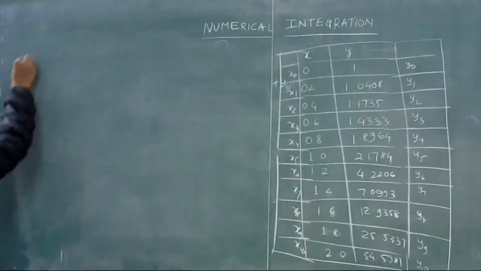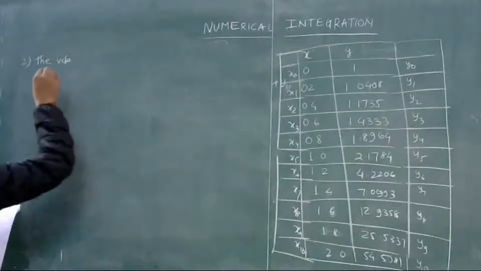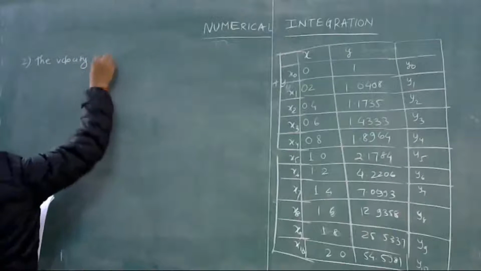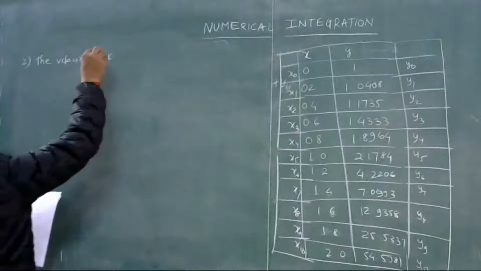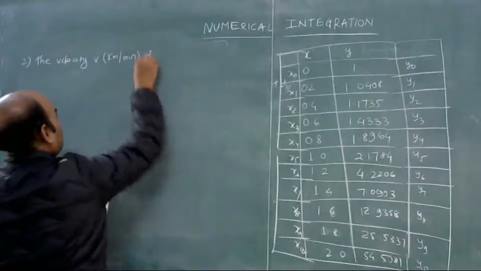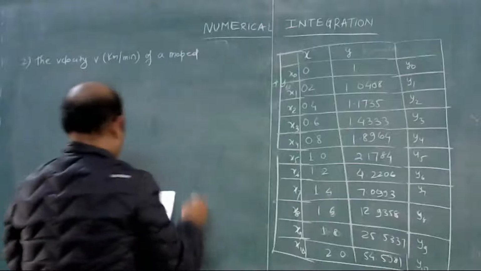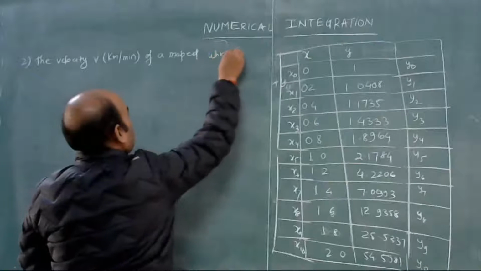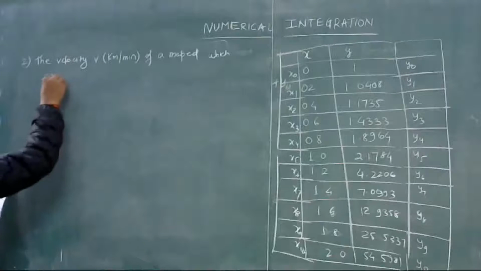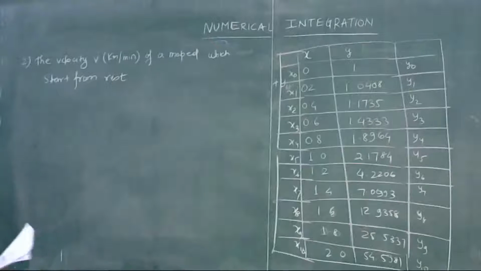So second question. The velocity v in kilometer per minute of a moped. So a moped is moving with this velocity, which starts from rest, initial value of velocity is 0.